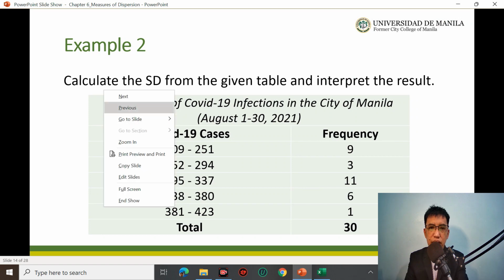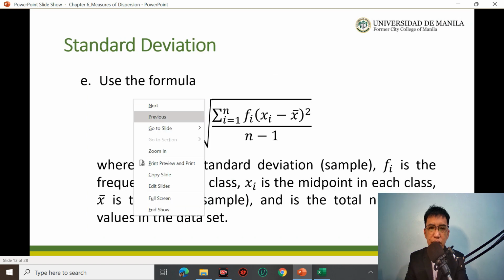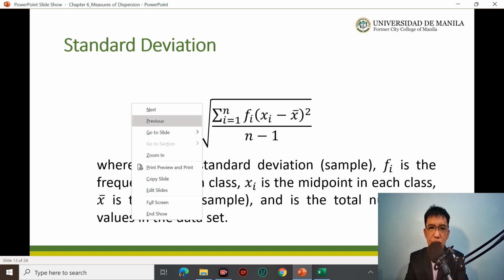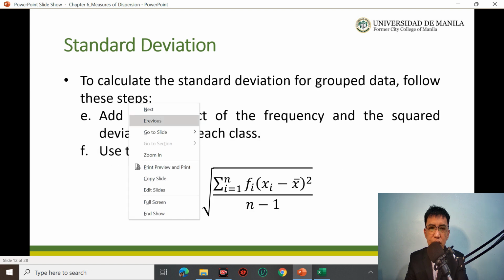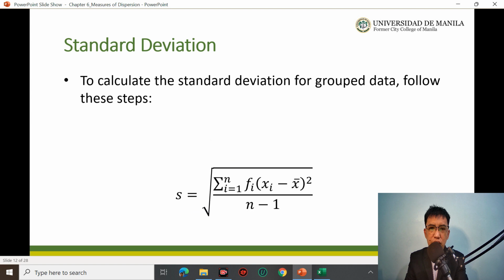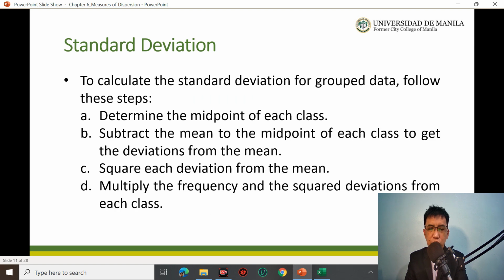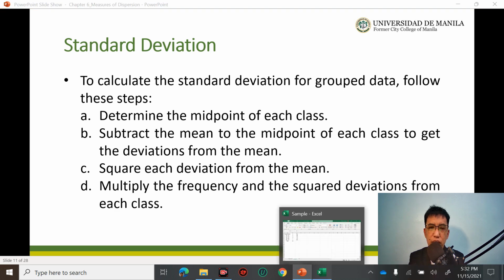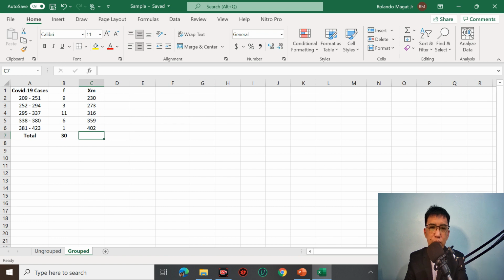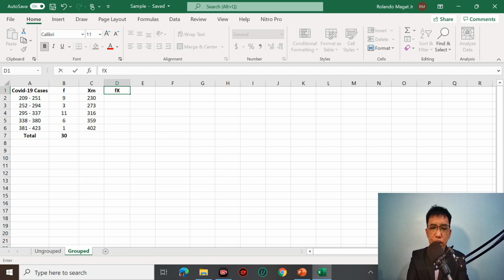What's our next step? Subtract the mean from the midpoint of each class to get the deviations from the mean. But before we can get the mean, let's first multiply the frequency times the midpoint. That's our formula from before.